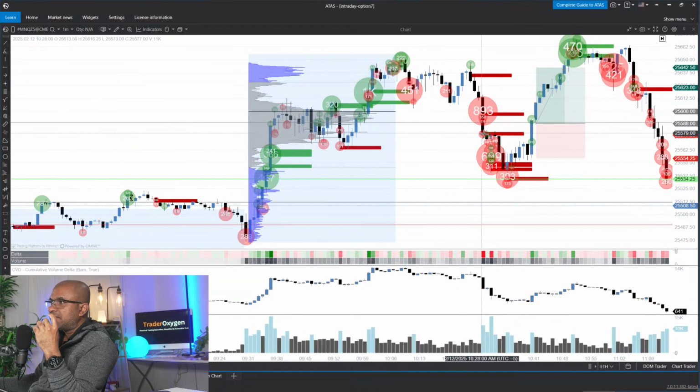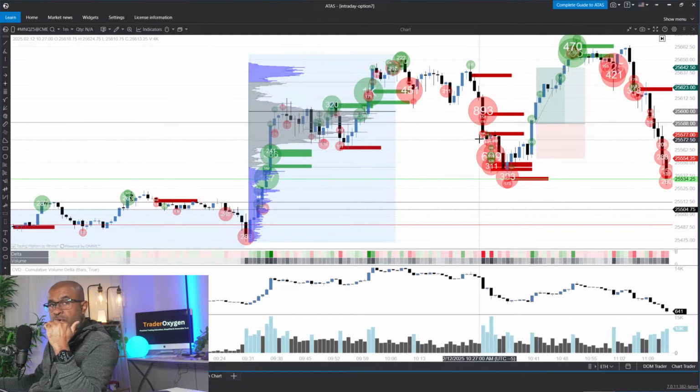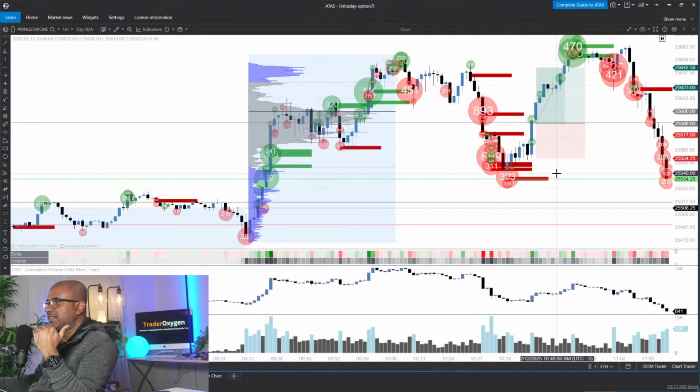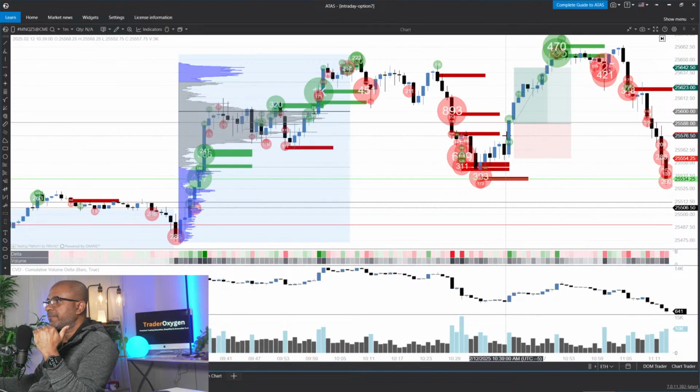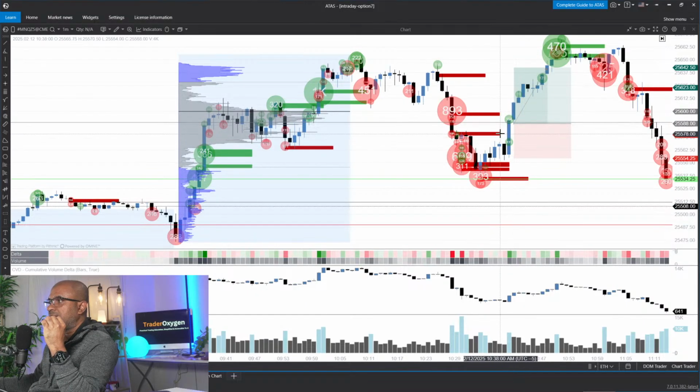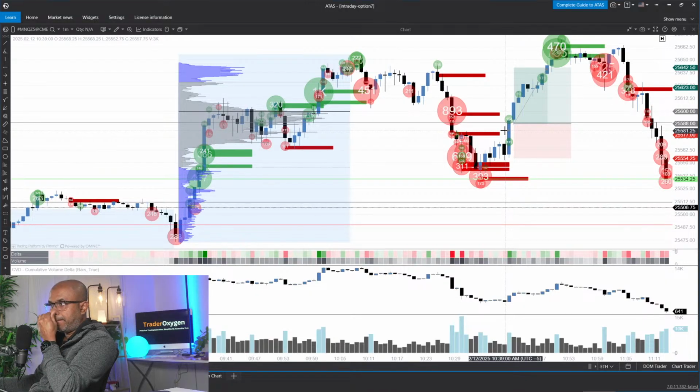However, we can see signs of short-term bullishness in Nasdaq, and immediately when this bullish candle printed with this green bubble over here and this green bubble over here, that is where we see a potential buy entry.